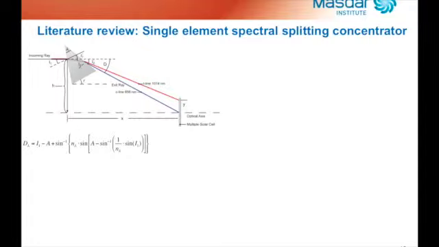So, as we know, dispersive prisms are used to separate different colors of the solar spectrum.